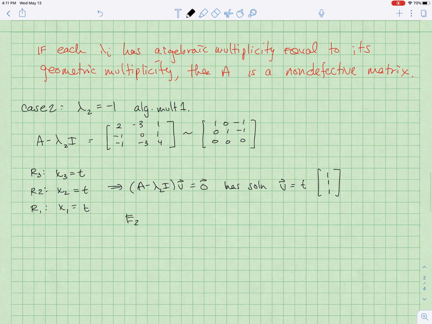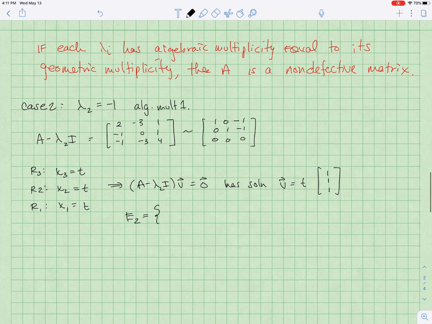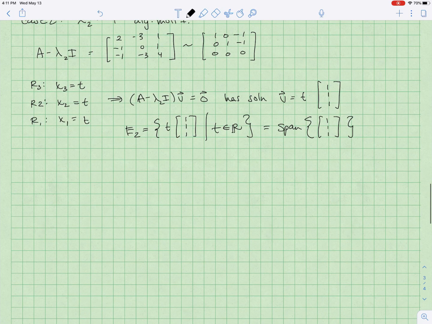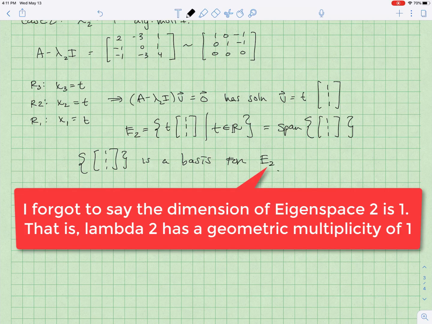Either eigenspace 2 is the set of all multiples of the vector 1, 1, 1, where t is any real number. But that's the same thing as saying that this is the span of the collection 1, 1, 1. That is to say, the collection 1, 1, 1 is a basis for eigenspace 2. So I'm just really saying the same thing over and over again. I'm not really giving you different ideas here. I'm just talking about this language in different ways.